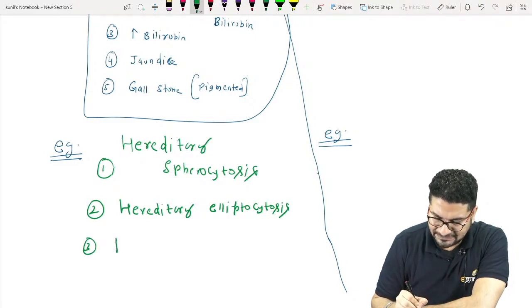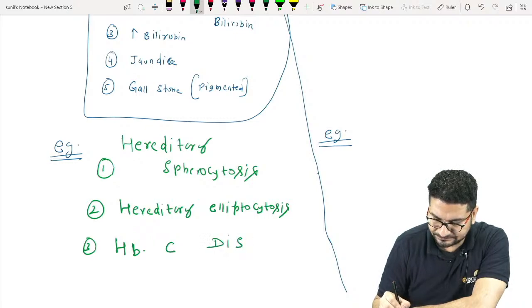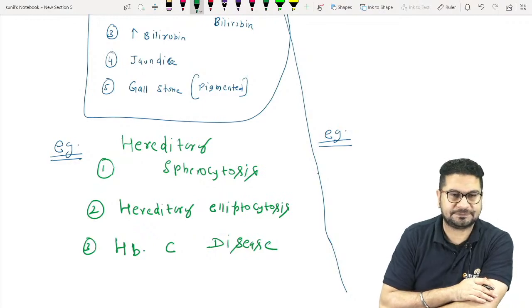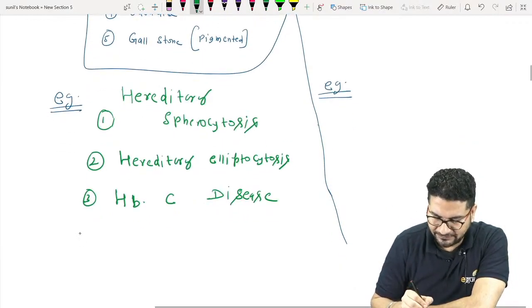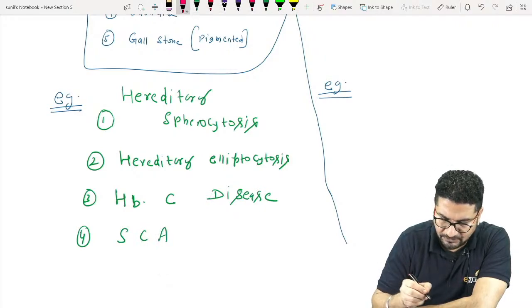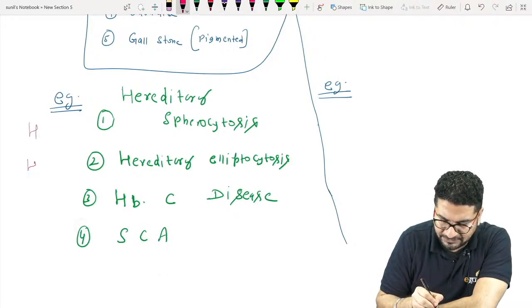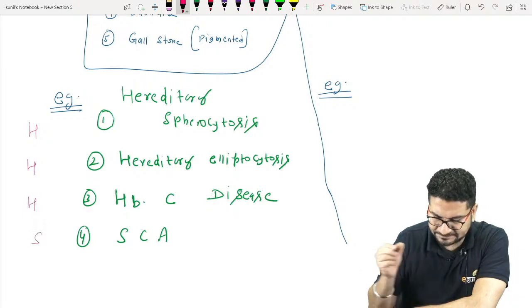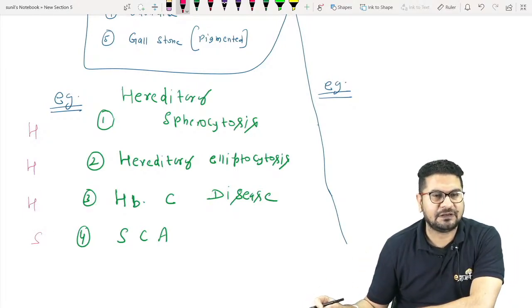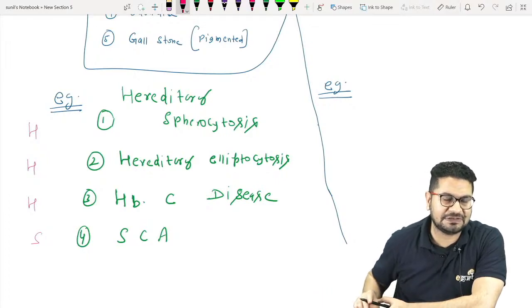You can see this extravascular hemolysis in hemoglobin C disease, and the fourth cause is sickle cell anemia. We can remember this by the mnemonic triple HS: hereditary spherocytosis, hereditary elliptocytosis, hemoglobin C disease and sickle cell anemia.